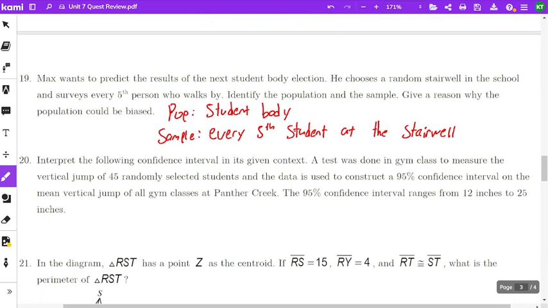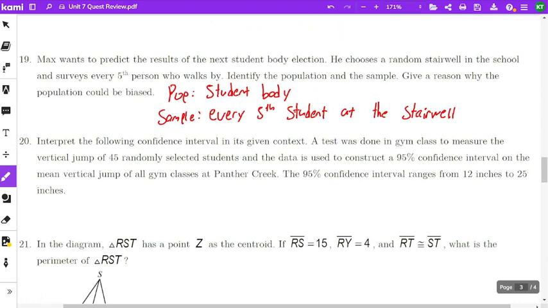All right. Next question. Interpret a confidence interval for its given context. So we have a gym class, vertical jump. They take 45 people, and they conducted a confidence interval and are 95% confident from the range of 12 to 25 inches. So what does this mean?